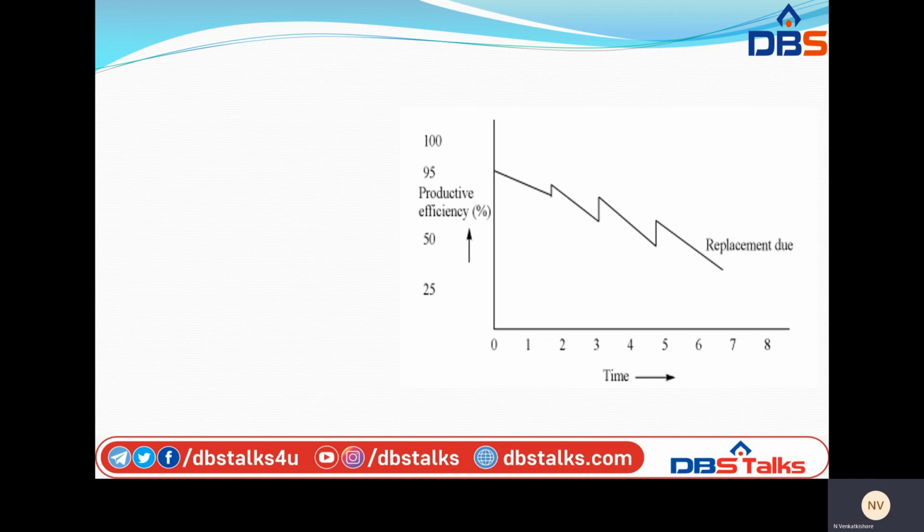It may not be 100%, but it is a little bit, around 95%. But as time goes forward, the efficiency gradually decreases. If you see the graph, it does not suddenly fall to zero. It gradually decreases.